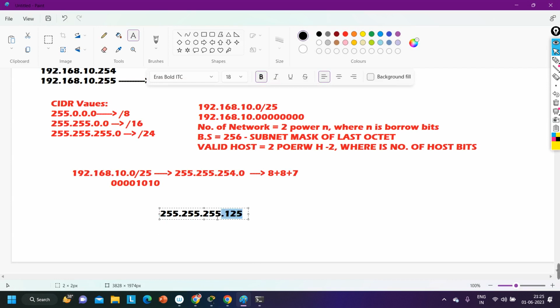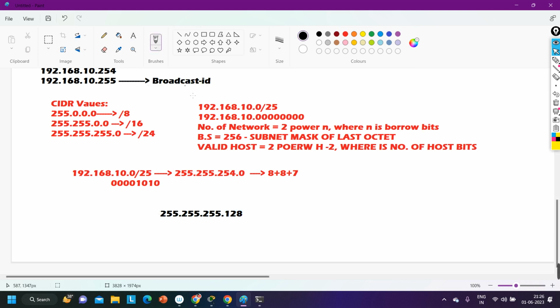And this is the subnet mask of the fourth octet. So we need to subtract this value 128 from 256 and you will get the block size. The last digit we have to subtract from 256. Here is the formula: 256 minus the subnet mask of the last octet. You can take a screenshot of it. Tomorrow we are going to use only these three formulas.